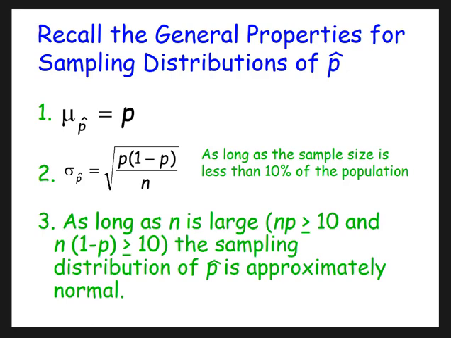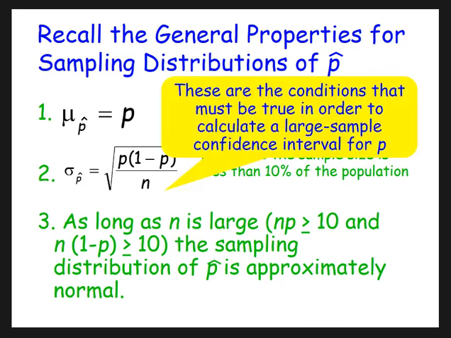And as long as it's a large sample, in other words, n times p is greater than or equal to 10, and n times 1 minus p is also greater than or equal to 10, the sampling distribution of p hat is approximately normal. So these are the conditions that must be true in order to use the sampling distribution to calculate a large sample confidence interval for p.